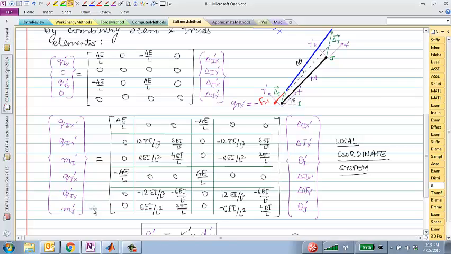Local coordinate system will always go along with that frame element, right? So local coordinate system will always be oriented along that frame element. So this relationship is essentially set in stone. You do not have to calculate it again.